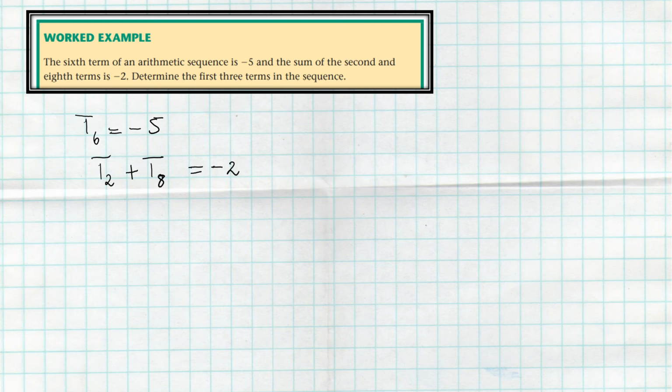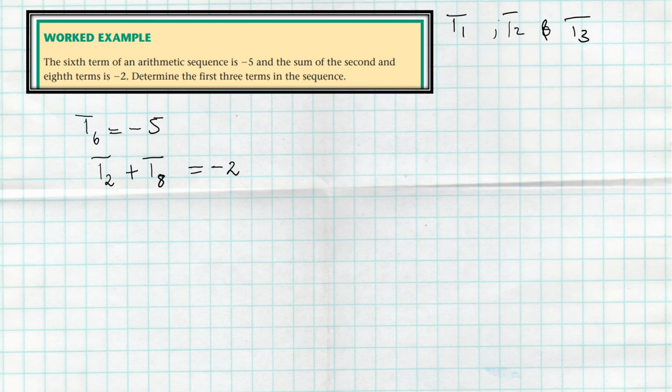They said determine the first 3 terms of the sequence. They want term number 1, term number 2, and term number 3.